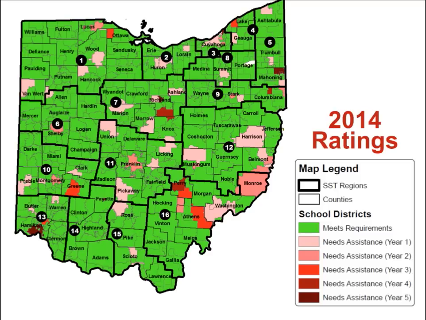It's important to note that districts can receive meets requirements if they are at 95% or above on the compliance indicators. Multiple years of a needs assistance rating, indicated by pink and red spots on the map, tend to reflect systemic noncompliance issues, though not always for the same indicator.